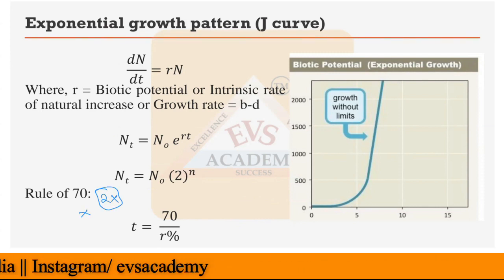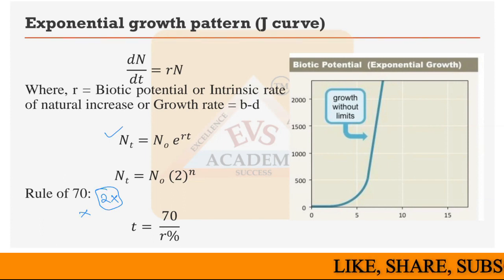So do not apply the rule of 70 if the population is not doubling. Suppose it says the initial population is 1 billion, and after the T time, the new population is 1.5 billion. So don't use the 70 rule. You have to use this particular formula there. The 70 rule would be true only when the population is doubled from the initial value. So that is how you can apply these formulas.